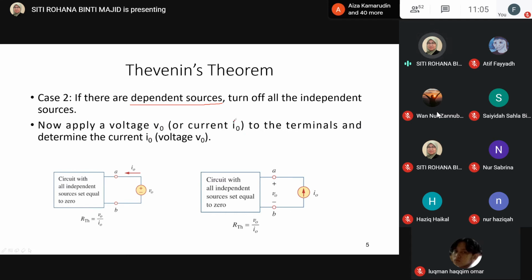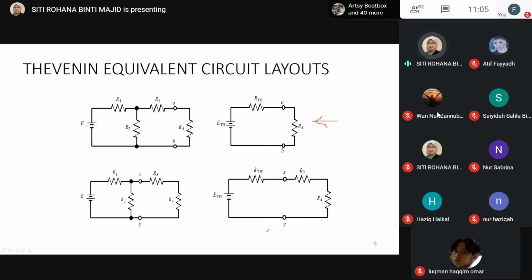If you set I naught, then you determine the V naught, because it depends on how you set up the solution. So RTH will be V naught over I naught. The same thing applies: remove all the independent sources, and after you combine the resistances, finally you will get the equivalent circuit here.